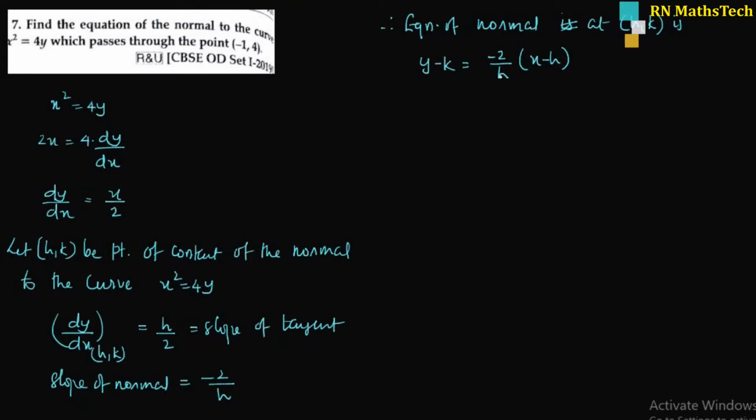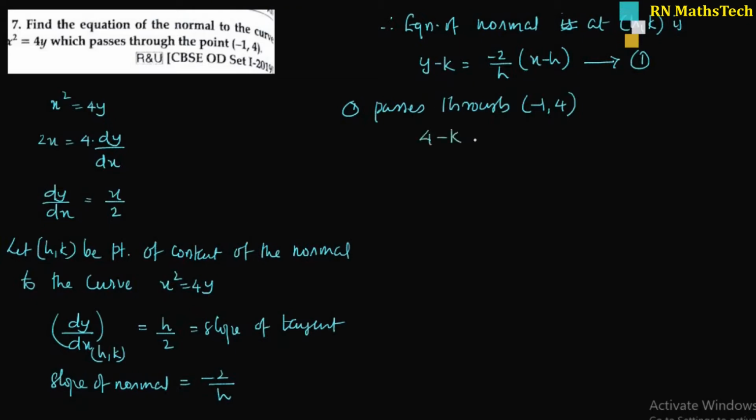Okay, now this normal, equation number 1, passes through (−1, 4). So we can replace x and y by −1 and 4.